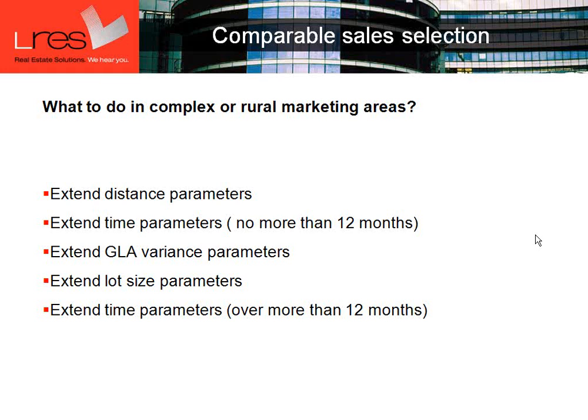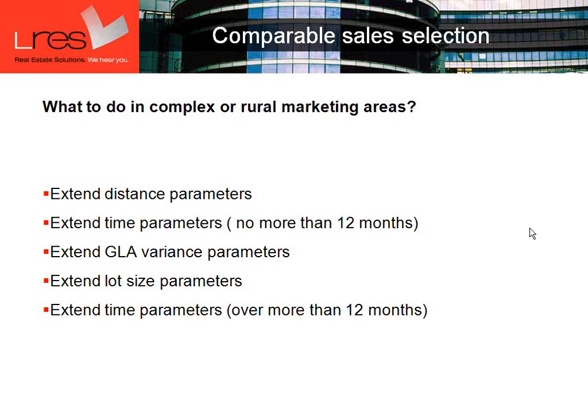Now, you can provide sales over 12 months in a report as long as you have corresponding sales that have sold under 12 months. So basically, we want to hit the guidelines and then also provide the sales that were the strongest factors in the subject's value. And this is where the reconciliation of data comes in.